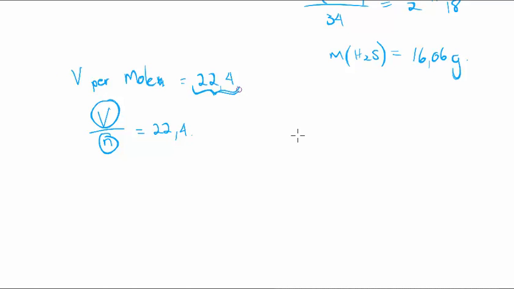If I have 2 moles, it must be 22.4 times 2. If I have 3 moles, I must multiply by 3. So I will take 22.4 times my moles.